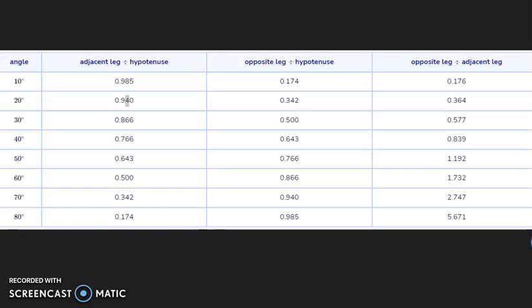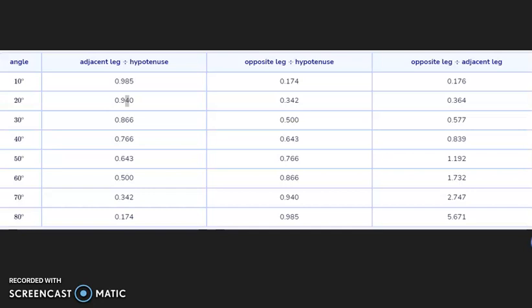So one of the things you were asked to do was to come up with a way of determining some patterns here. For example, the problem asks you to look at a 20-degree row and a 70-degree row, and to see what things were the same and what were different.